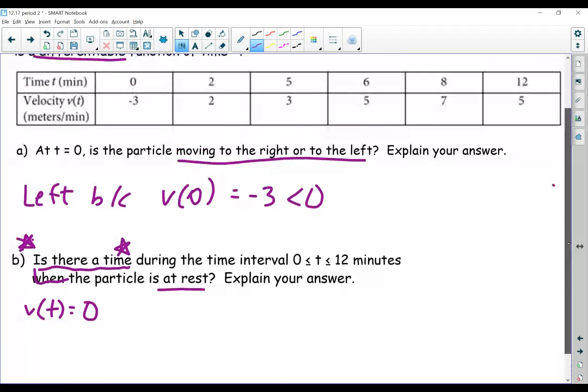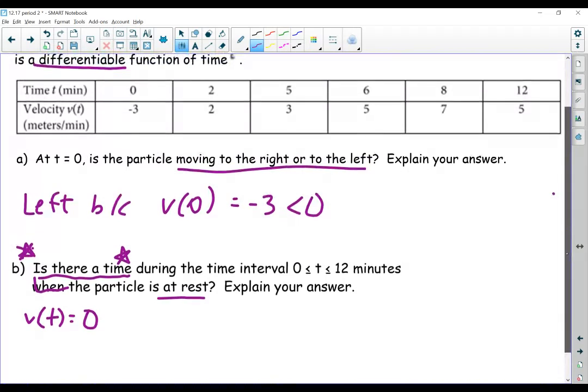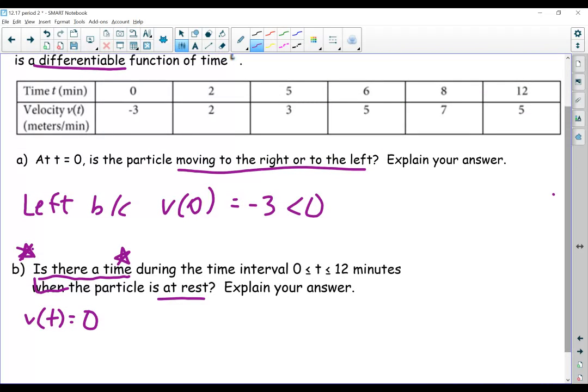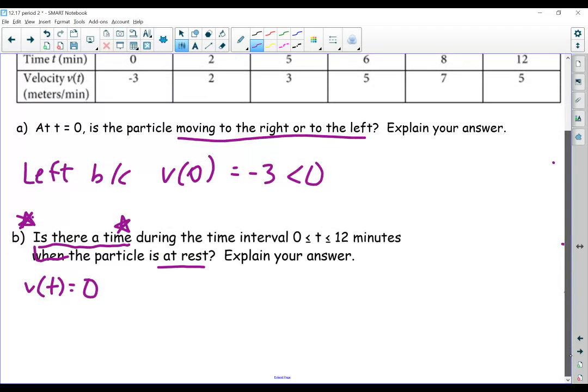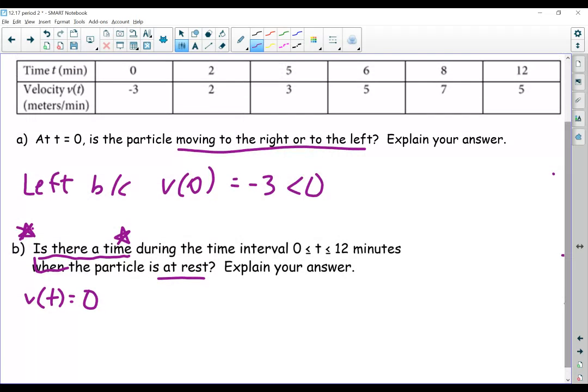They're asking me to identify a theorem. If they're asking me to figure out if the velocity is 0 and I have a velocity function, first I'm going to think about what theorem they're trying to get me to use. If they're talking about the values of a function, that's either going to be EVT or IVT. If they're talking about a specific value, that would have to be IVT. If they're talking about an extreme value, that would have to be EVT. So they're testing me on IVT.